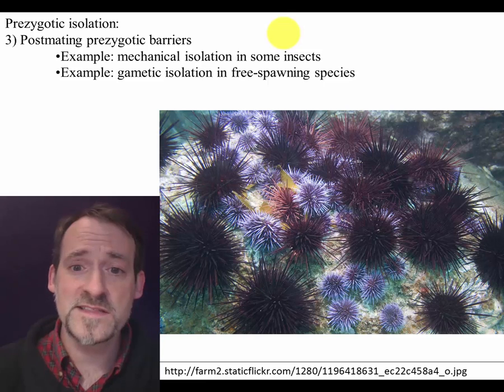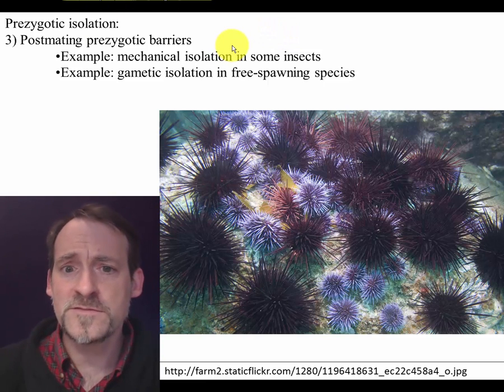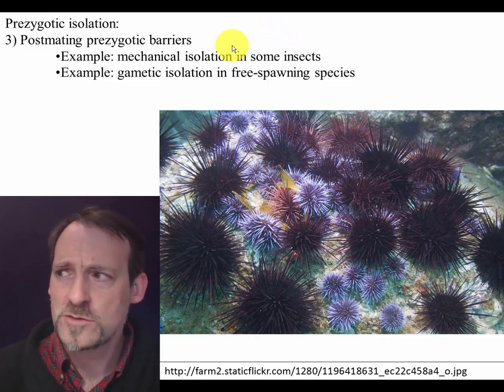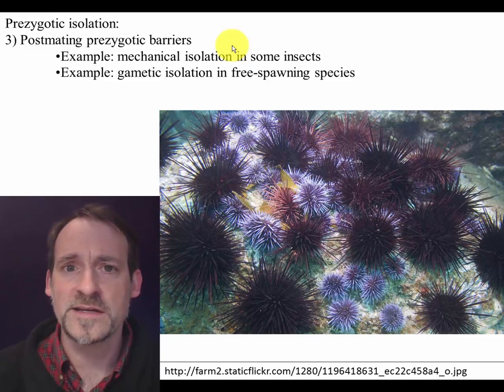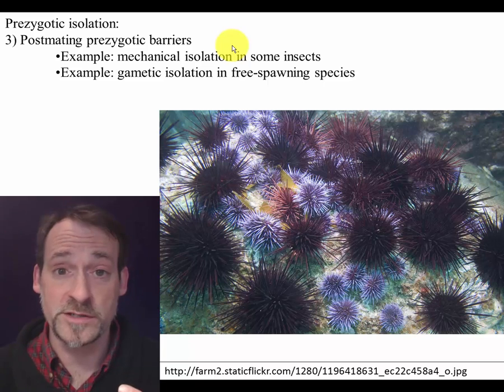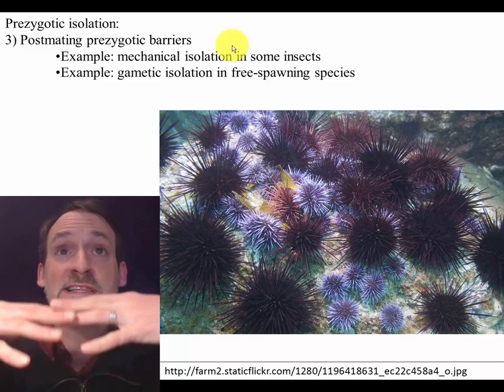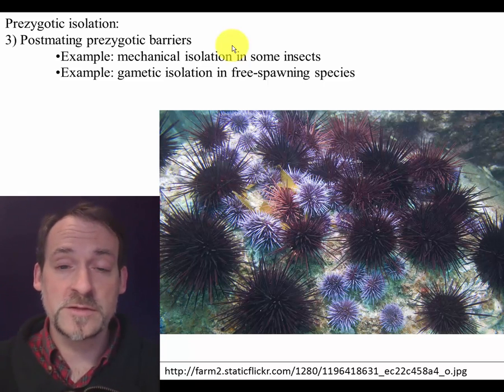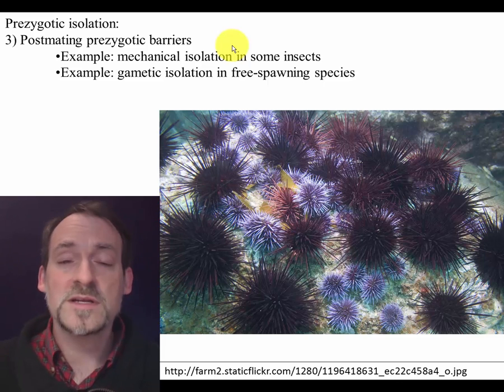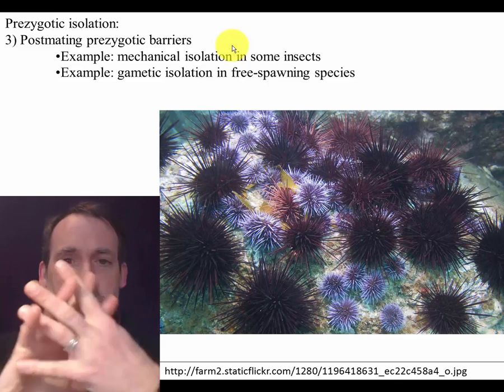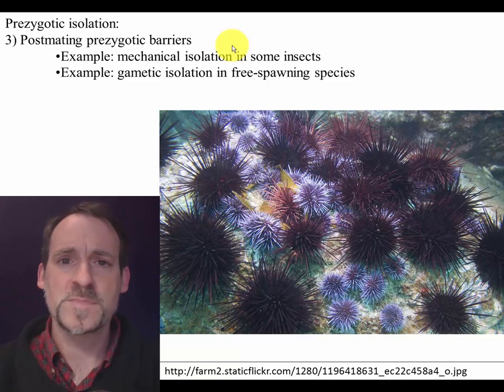There are other ways that this can happen. In free-spawning species, you might think that there's really no way of keeping two individuals from mating with one another, because free spawners are individuals that just release eggs and sperm into the environment, usually water, and when an egg and a sperm meet one another, they fuse.